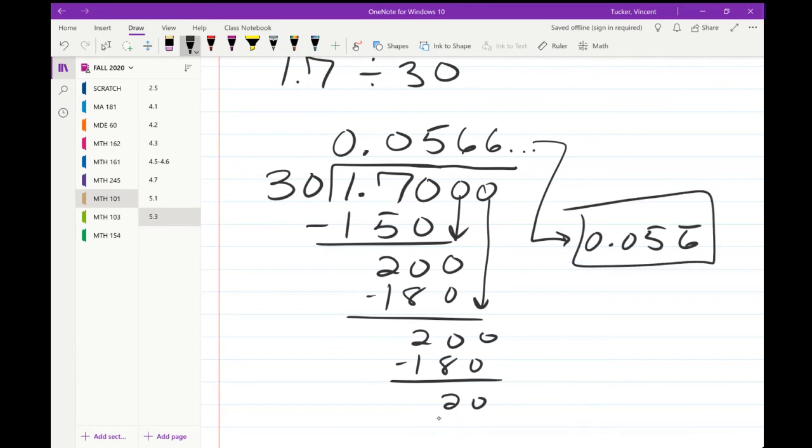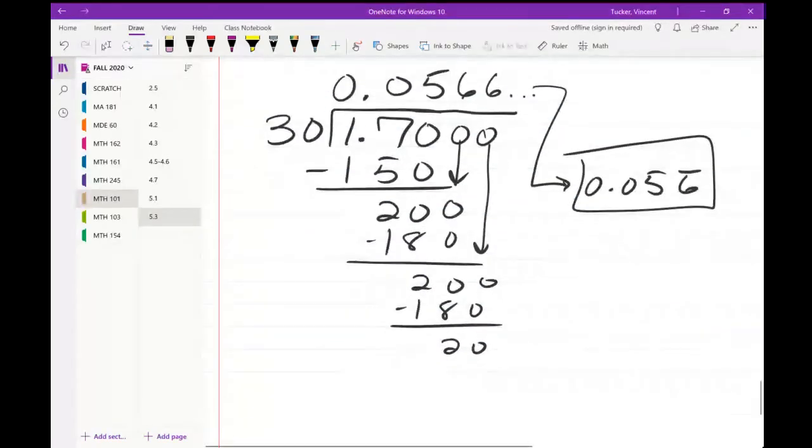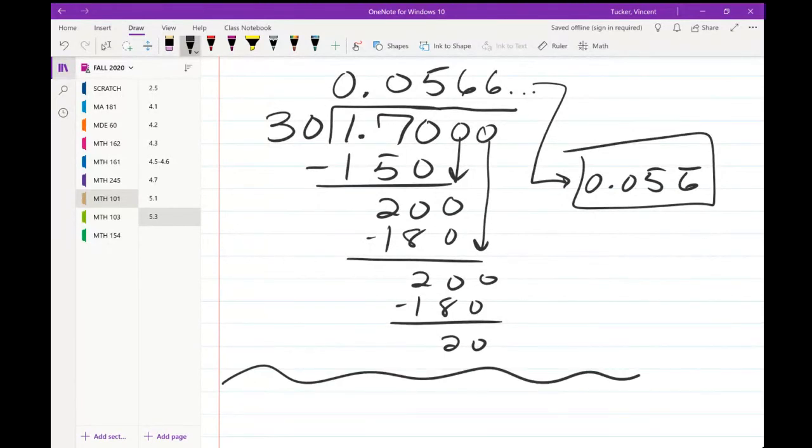So make sure you don't put the bar over the 5 6, because that means 5 6s was being repeated. You just want to make sure the bar is over the 6. All right. Questions before we look at another one?